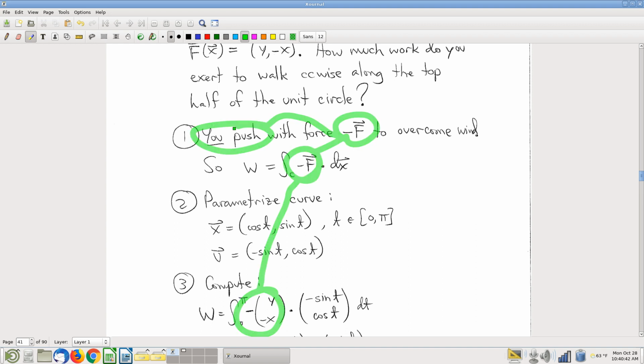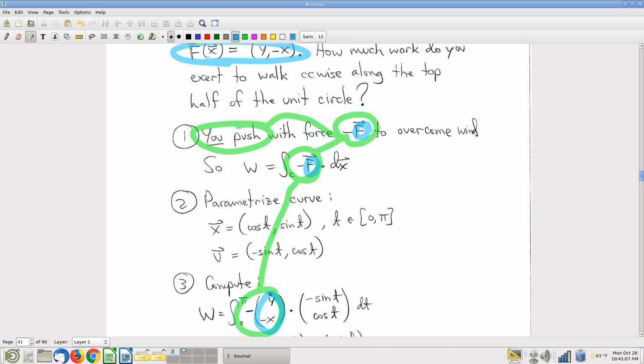That's the force that I'm exerting. Right? The F that was given, namely the force that the wind is exerting, is y comma negative x. Right? Don't forget the minus sign. Slowly and carefully, by the way, is a big trick on these. Don't write it down too fast and carelessly and then inadvertently get some minus signs wrong.